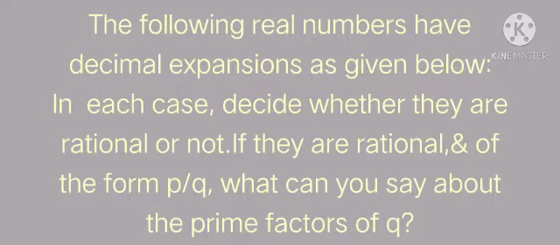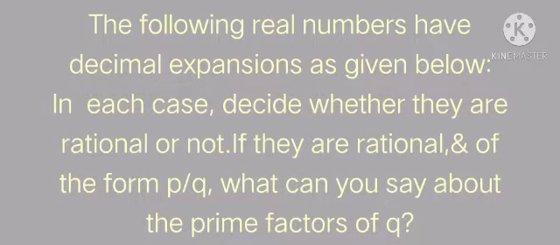If the given decimal expansion is for a rational number, then that decimal expansion should be terminating or non-terminating repeating. If the decimal expansion is non-terminating, non-repeating, then it is not a rational number.